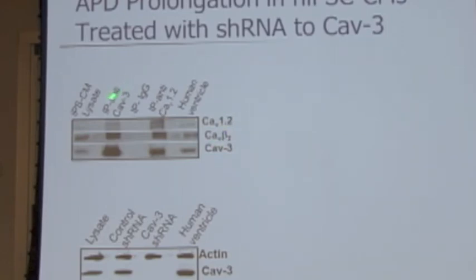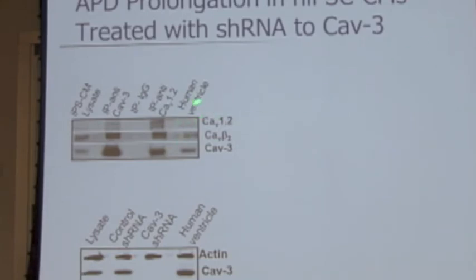Although if we immunoprecipitated with an antibody to CAV3, we get a lot more immunoreactivity for CAV3, beta 2 subunit, and we can more clearly see the CAV 1.2 channel. Likewise, if we immunoprecipitate for CAV 1.2, we can see all 3 of these proteins that we think are important in this macromolecular complex that we saw in the mouse cells as well.